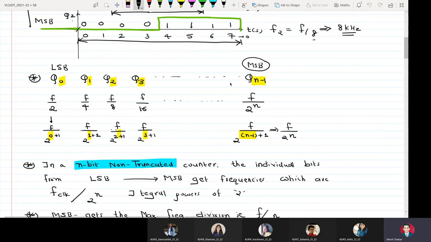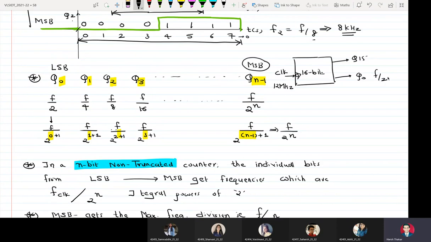So my counter is a 16-bit counter. It is negative edge triggered and it is having a clock with frequency 12 megahertz, and I have my output bits Q15 up to Q0.